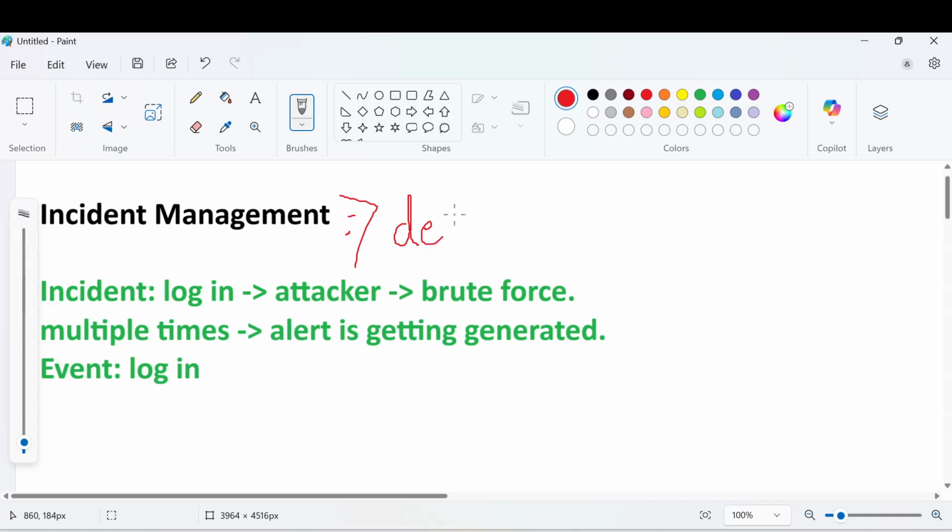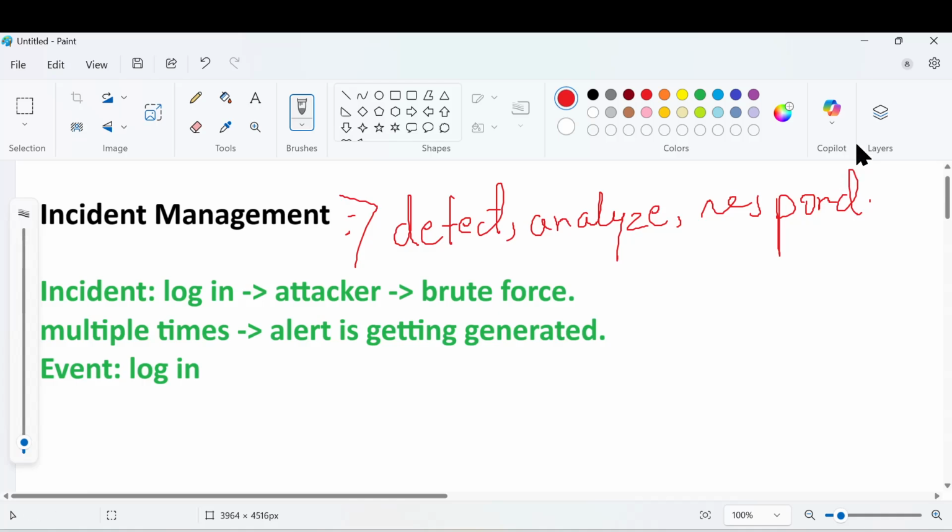So we have to quickly detect, analyze, and once we have analyzed the activity, respond against it. With the help of that, we make sure our systems are working as normal, ready to use, and not having any type of issues.